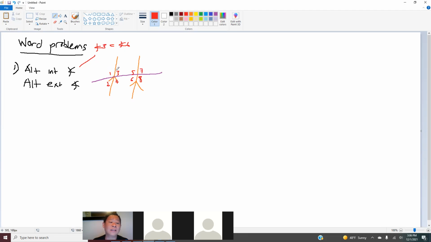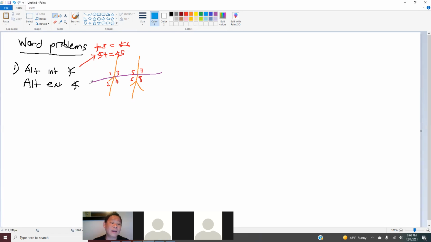So if this is 40 degrees, this is also 40 degrees. Same thing with angle 4 and angle 5. This is also the same angle because they are alternate interior angles. So that is called alternate interior angles, and they are the same angles.